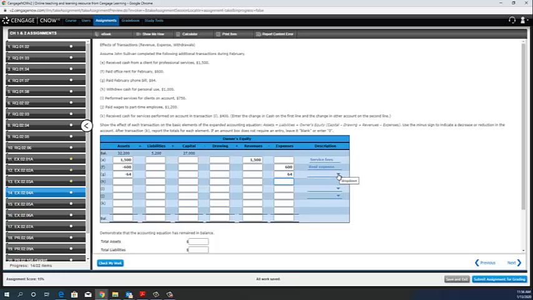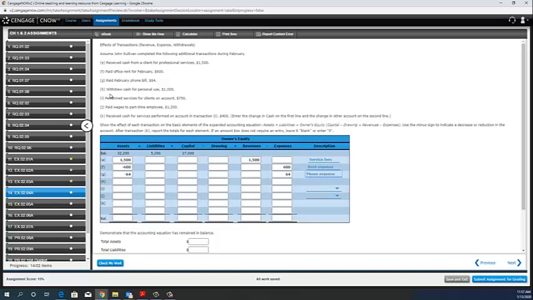So expenses are always kind of a necessity. These are the items that we have to pay out to help us earn our revenue. So if we're going to have a telephone in our business, we have to pay our telephone bill. And if we're going to have a place of business, we have to pay our rent.